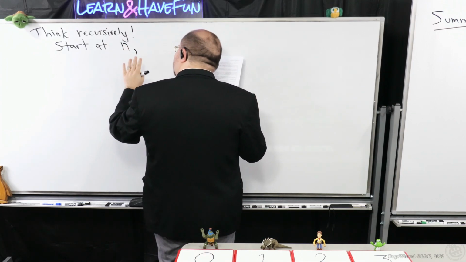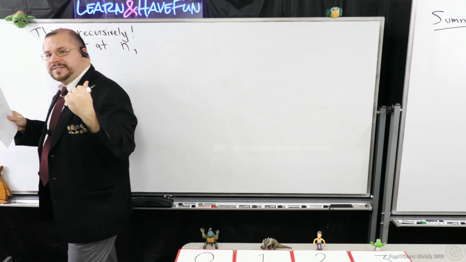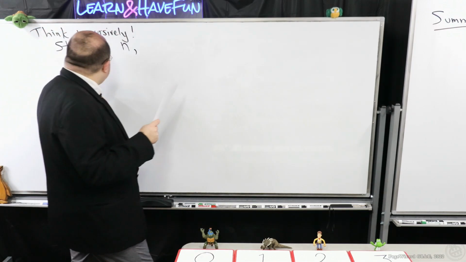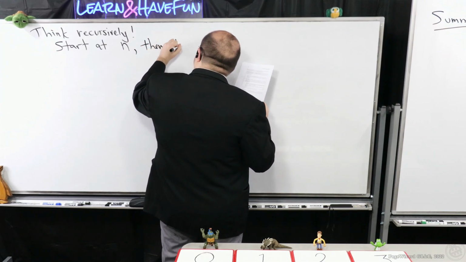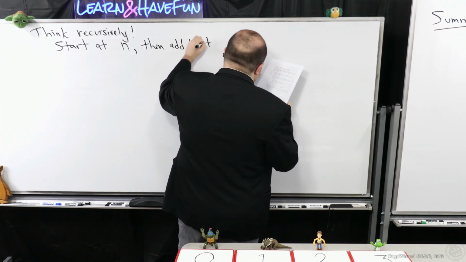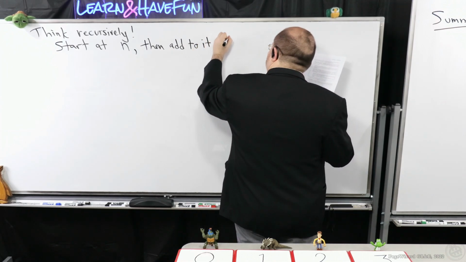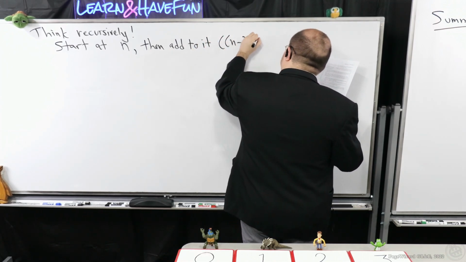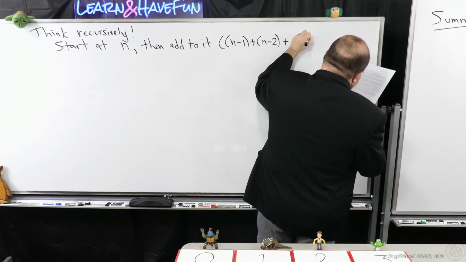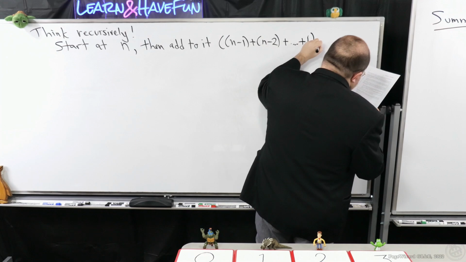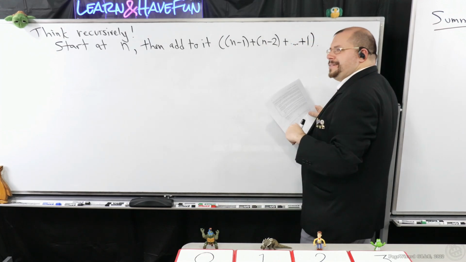Then, do you notice that if ever I wanted the answer to that total sum, it's the same as saying, you imagine you start with n, then add to it everything else. So n minus 1 plus n minus 2 plus all the way down to 1. Right?